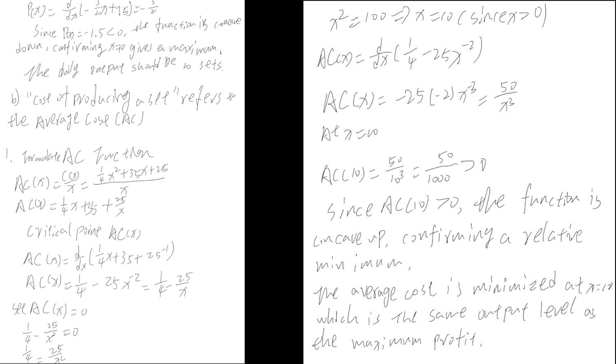At x equal to 10, AC double prime of 10 equals 50 over 10 cubed, equals 50 over 1000, which is greater than 0. Since AC double prime of 10 is greater than 0, the function is concave up, confirming a relative minimum.